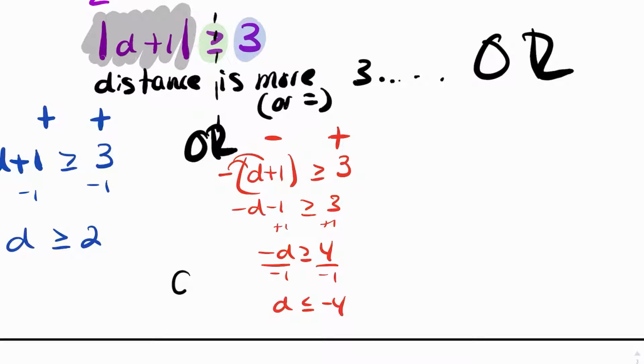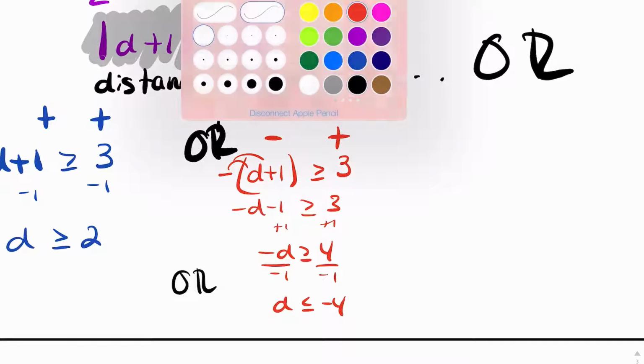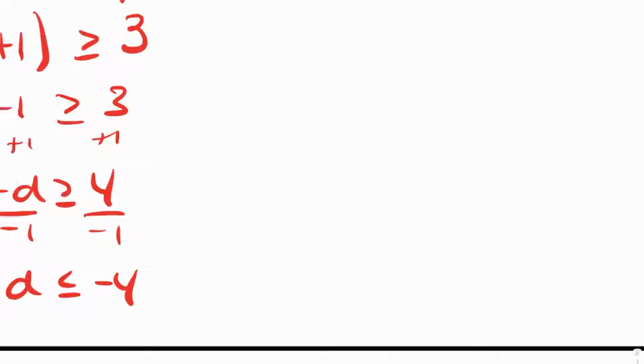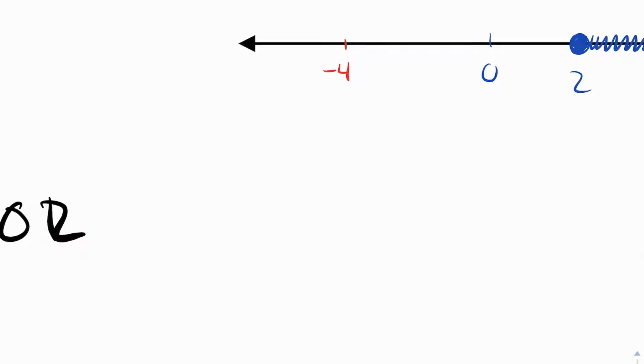And I'm just rewriting my word or so I can see that these are connected by the word or. So we need to go graph that inequality, all the d's that are less than or equal to -4. So here's -4. We do want to include -4 because of the equal to, and all these numbers are less than.